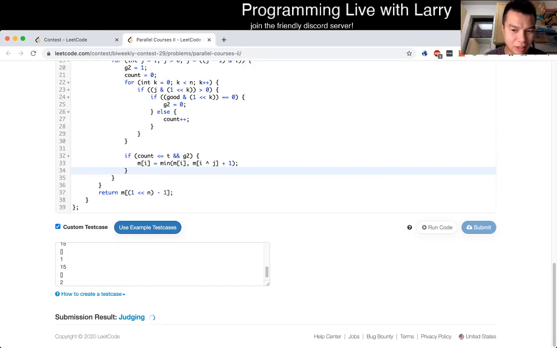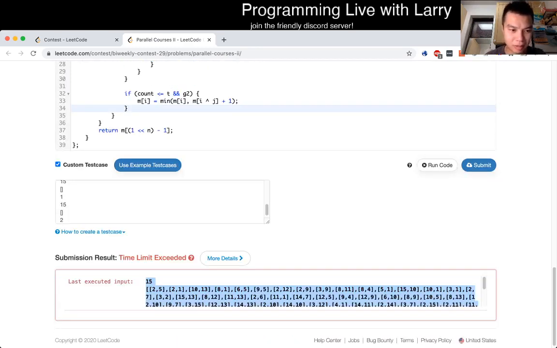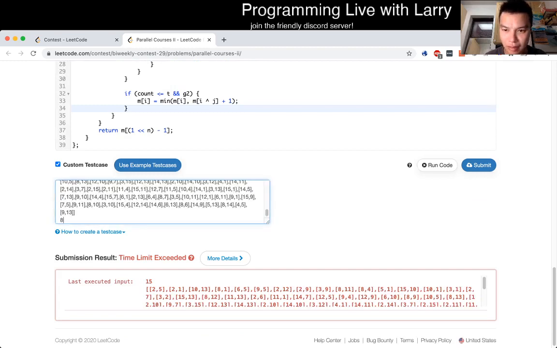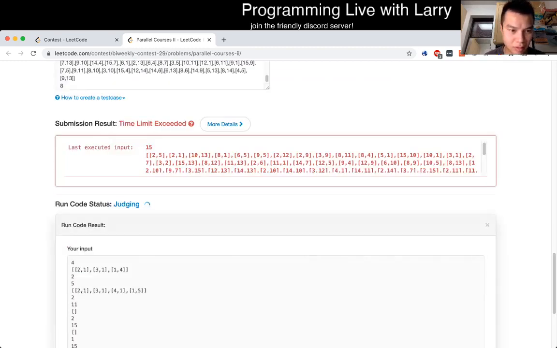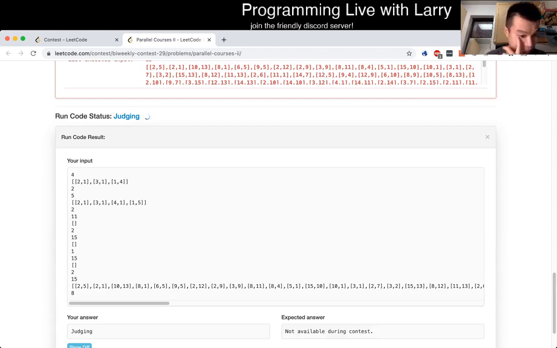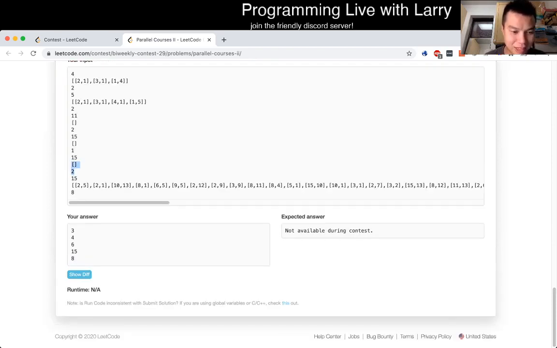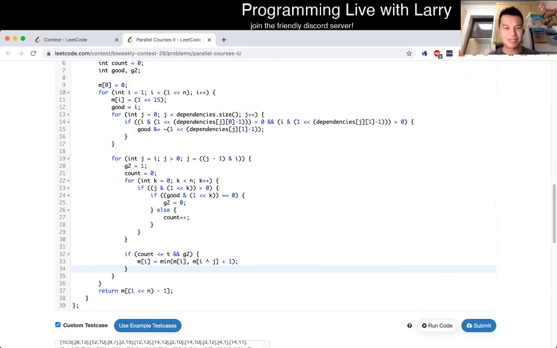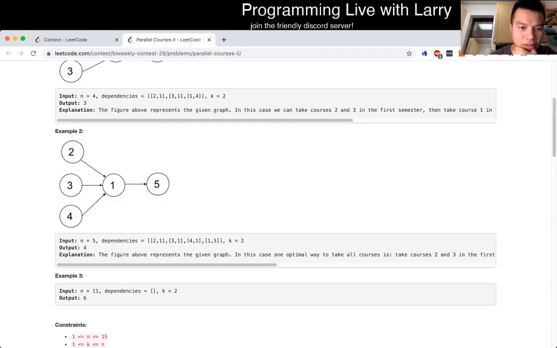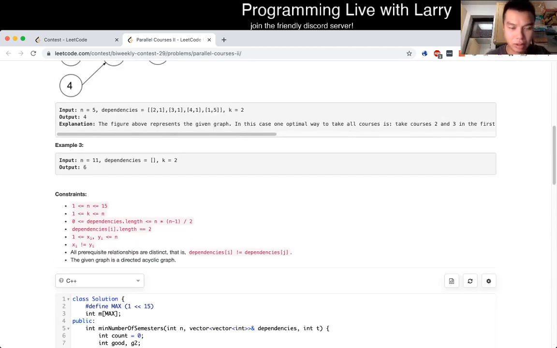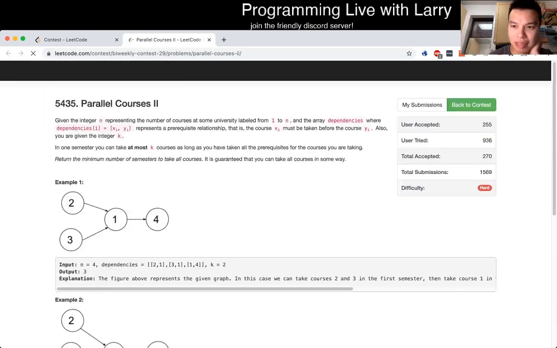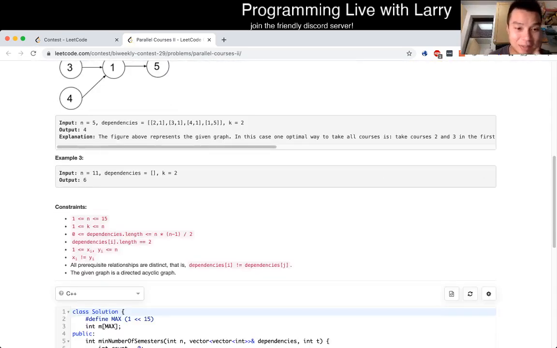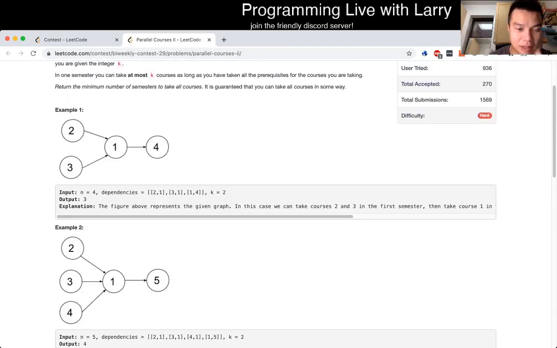Let's see. Oof. That was the worst case actually, but I guess that's fair enough. How do you do it then? Huh. I must be missing something obvious. Well, a lot of people got this, so I guess I'm just having one of those days where I'm missing the obvious.